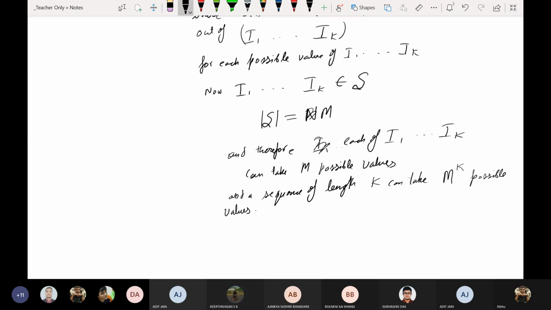Sir, each symbol has k bits? No. We have left that discussion behind. We are now transmitting k symbols.